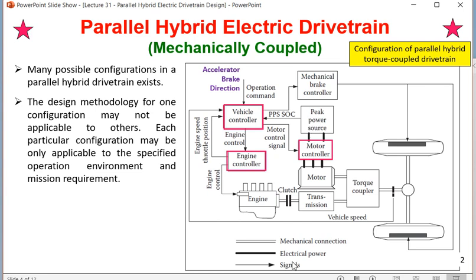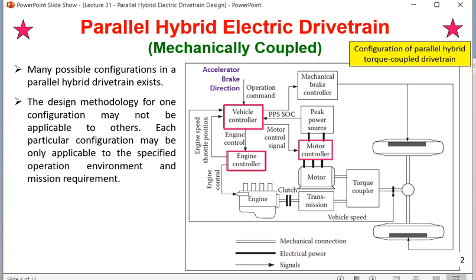The measurements are given by arrows. Here the peaking power source, that is the battery, has a BMS system. So battery current, battery voltage, battery power, battery temperature, all these things are continuously monitored and sent to the vehicle controller, because the vehicle controller should have total control on both the energy generating devices. One is the engine, another is the peak power source.